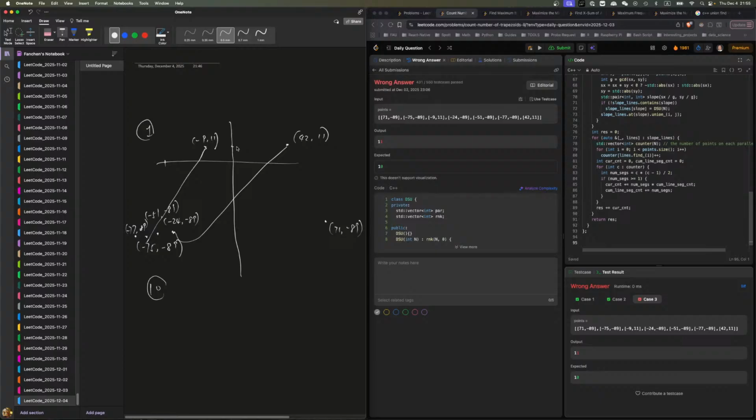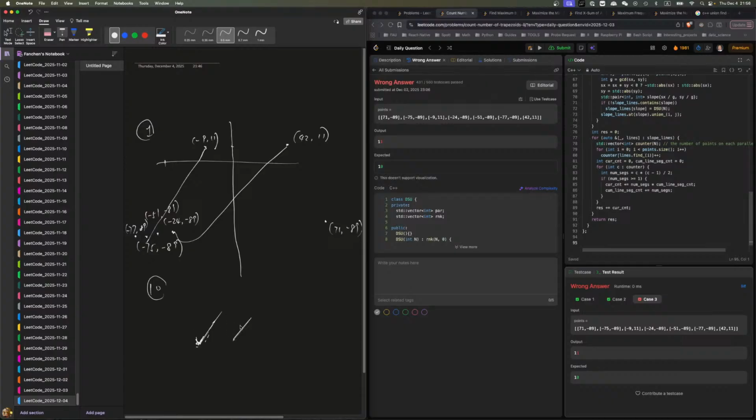So what we have now is for each line segment, and this says slope and the lines. So for the same slope, we have line segments, we have points. That's what we do. Counter is giving me the points.